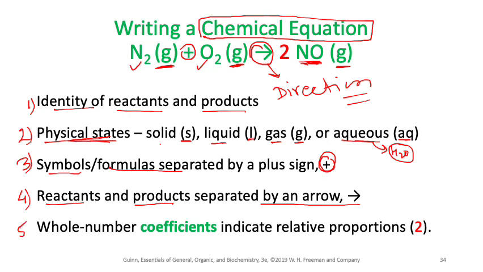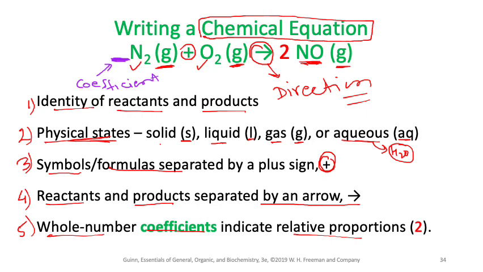And last but not least is the whole number coefficient, which indicates relative proportion. The important thing you need to know is the coefficient: the number written in front of the molecules, whether on the reactant or product side. We call this number the coefficient.